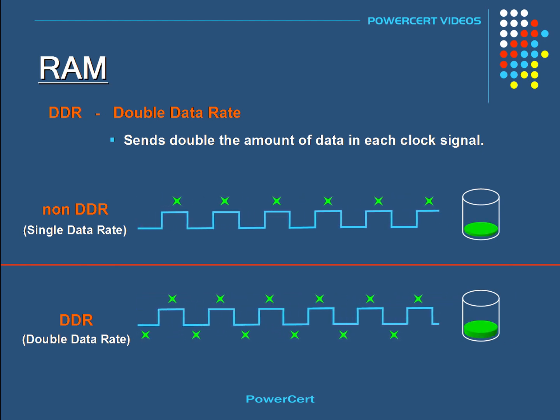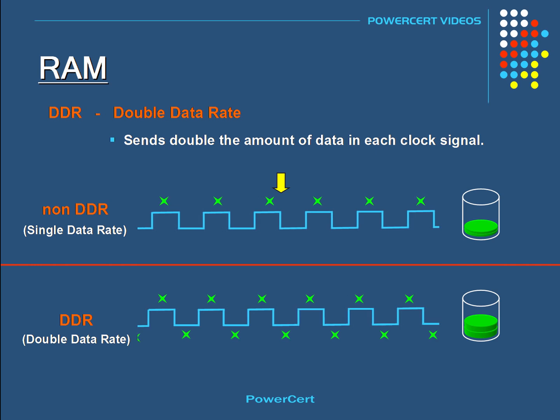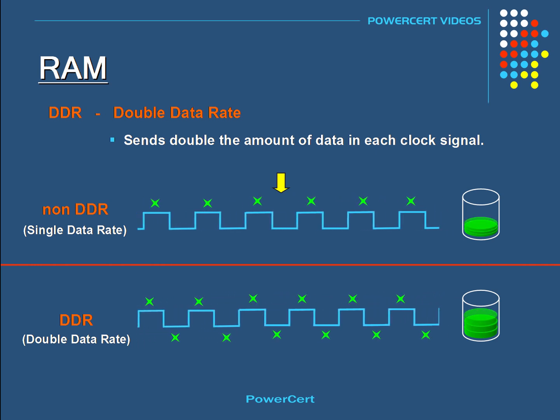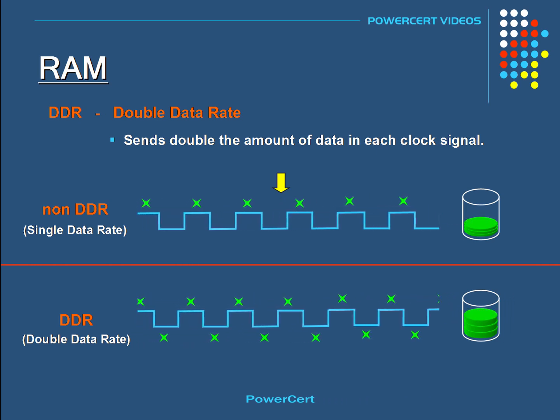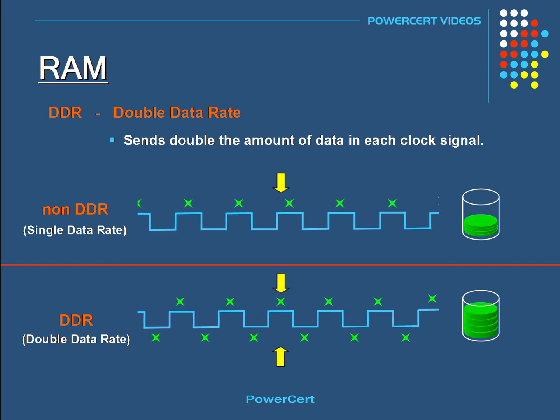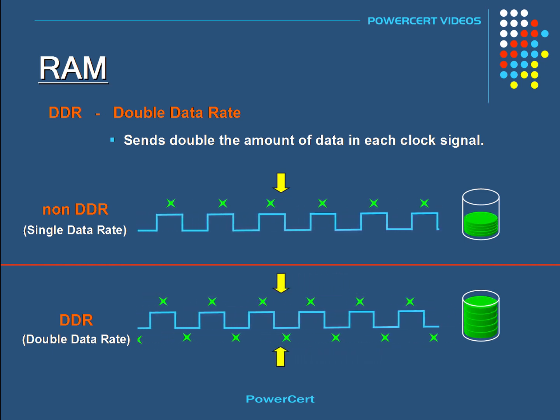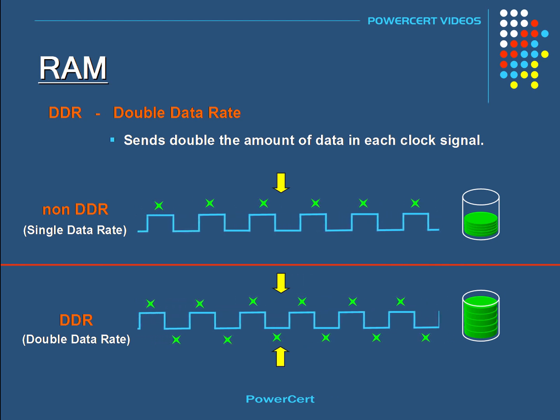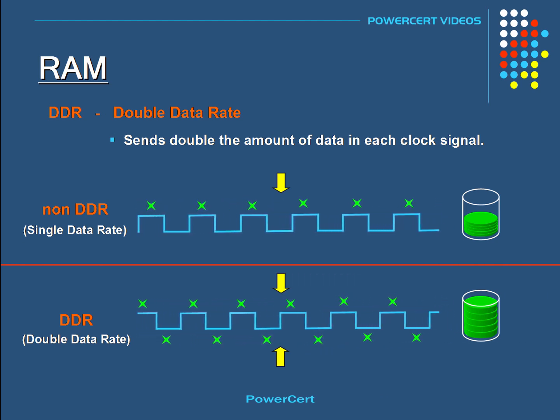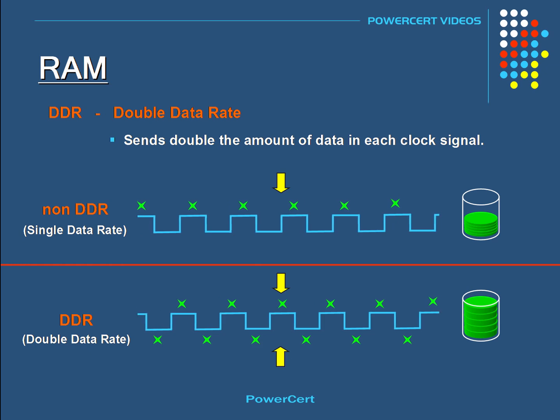Non-DDR, or Single Data Rate RAM, uses only the rising edge of a clock signal to transfer data. But DDR uses both the rising and falling edges of the clock signal to send data, which gives DDR the ability to send twice the amount of data.